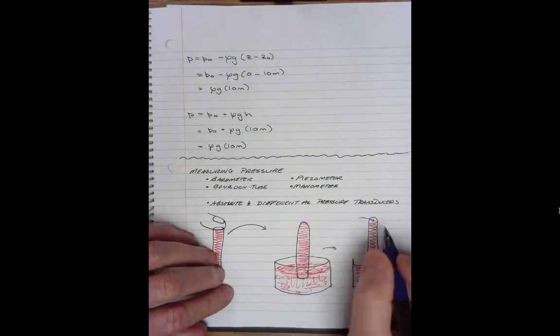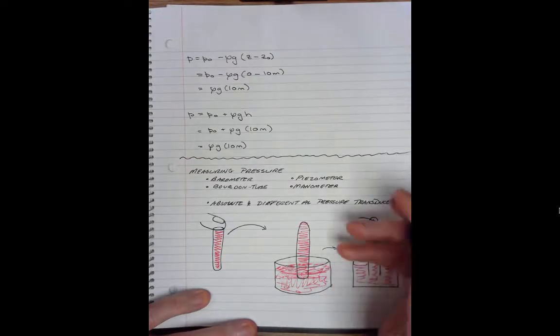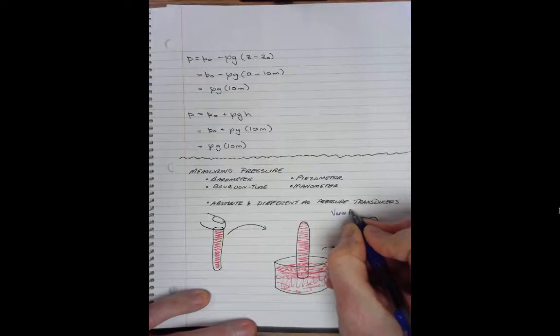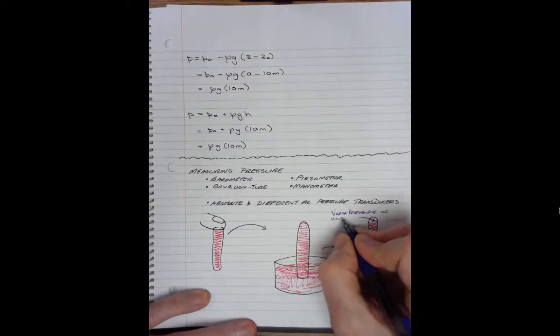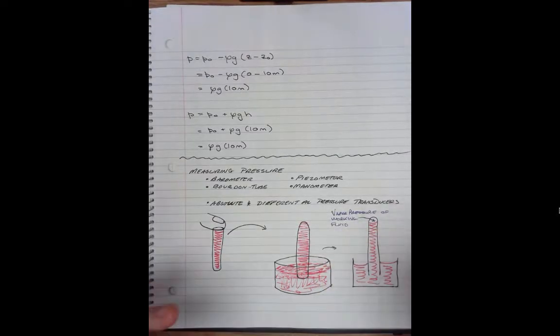Up in this region, there'll be a slight space there, and that will be at the vapor pressure of the working fluid. So whatever the vapor pressure of the red fluid in this drawing is, that's what will be at this top end.